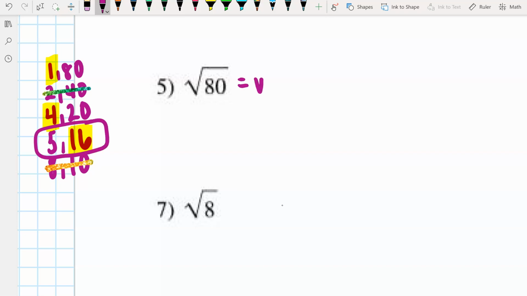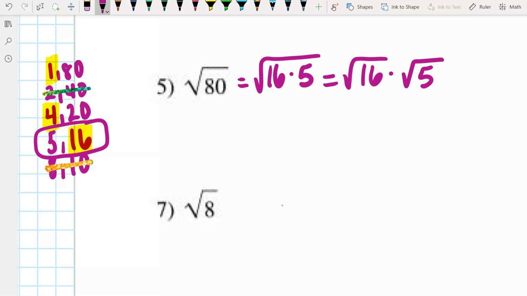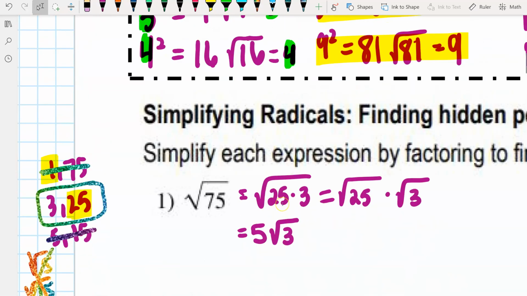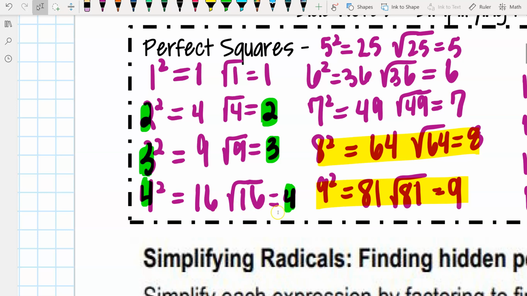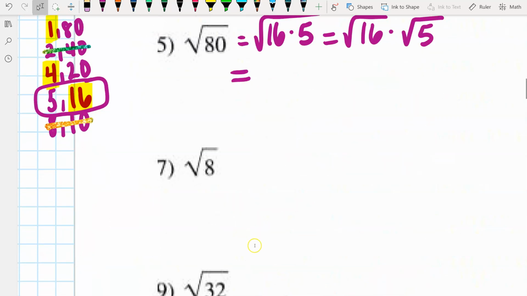So what we're going to do is set it equal to the square root of 16 times 5. Okay, still gives us 80, but it's just written differently. We can separate into individual radicals. And then we know the square root of 16 from our table up here. The square root of 16 is 4.